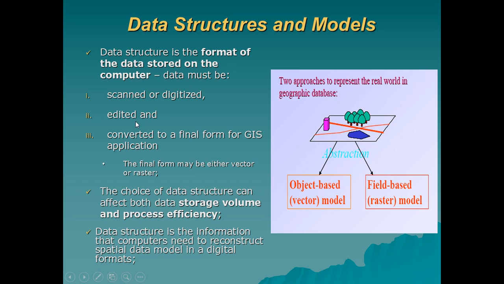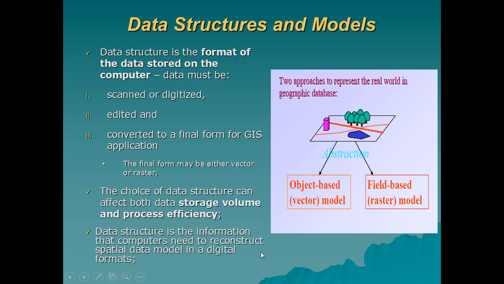So you want to make time for editing. Once your editing has been completed, then you will convert your data into that final form where you can use it in your GIS software or GIS application. That final form is what we would refer to as our raster or vector.